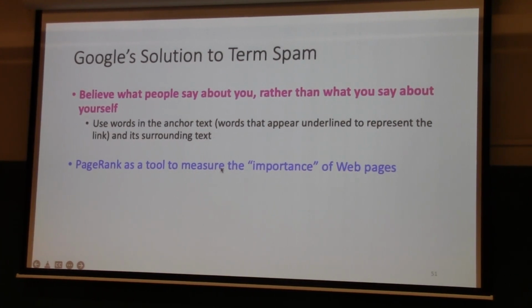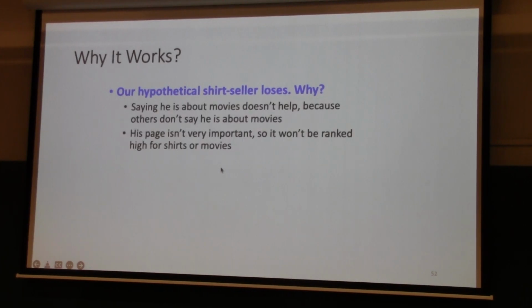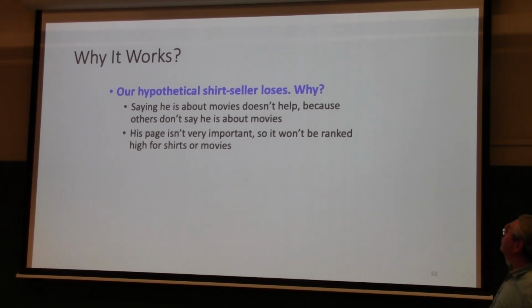So with PageRank, the shirt seller's technique doesn't work anymore. It doesn't matter if the shirt seller puts the word movies in his pages, because no movie pages are going to link to this page, okay? So he's not going to be ranked high for movies, or even for shirts.